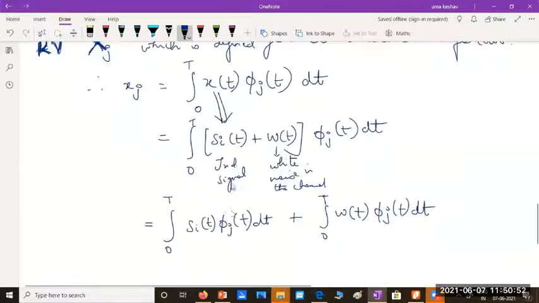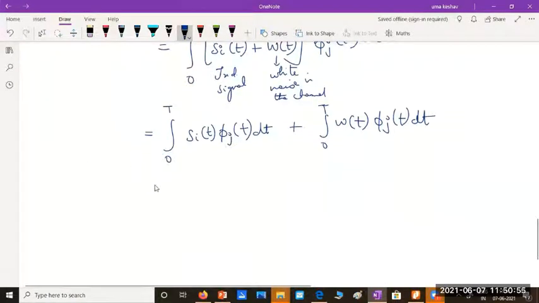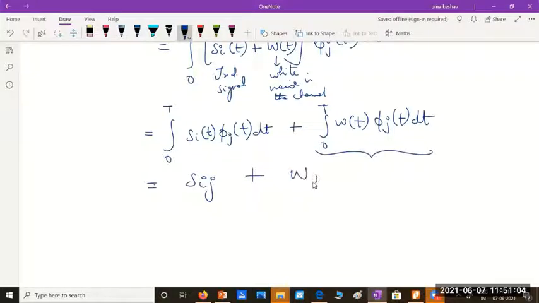The same thing I have got here. So can I write this as Sij plus this whole thing? I will just give it a name, Wj, where Wj represents the product of white noise with the orthonormal function phi j of t integrated over the time 0 to T.